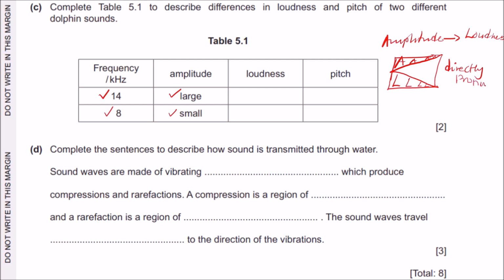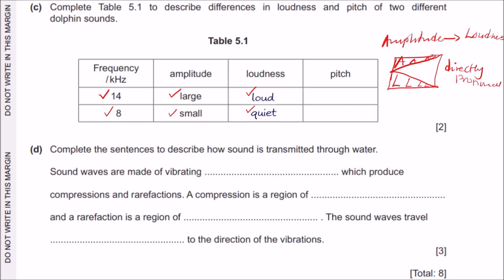The bigger the amplitude, the louder the note. So we can complete this part. Since this one has a larger amplitude, it's louder than this one with a smaller amplitude. So we say larger amplitude, louder; smaller amplitude, quieter or less loud.